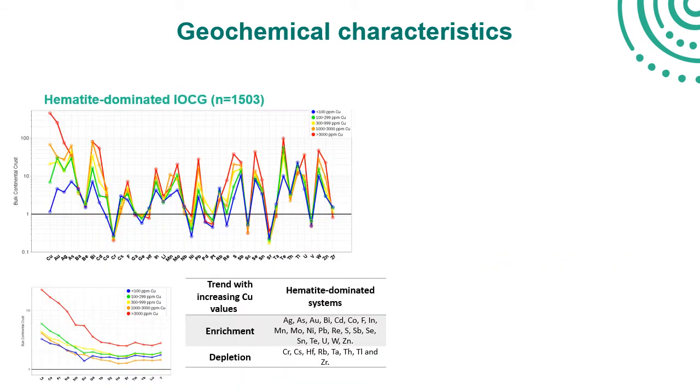So by categorizing the data by copper concentration, we can look at the behavior relative to increasing copper mineralization. So with the blue line here representing background and slightly anomalous with respect to copper, and increasing towards red, which is more than 3000 ppm, considered highly mineralized.